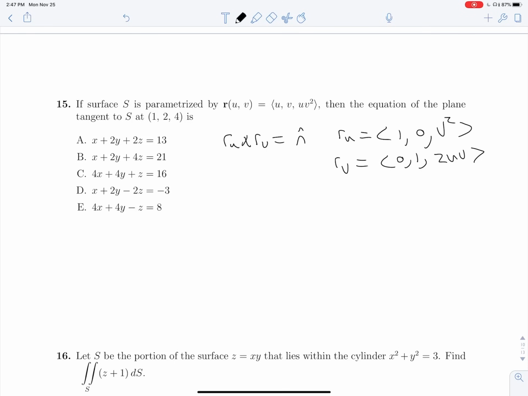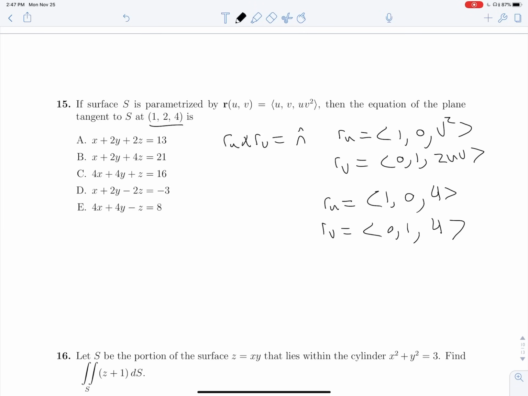So just to save you guys the pain and, well, both of us the pain, I draw my u's and v's very similarly, and so we're just going to go plug in these values right now. So RU is going to be 1, 0, v squared, which is 4, and RV is going to be 0, 1, 2uv, so also 4.